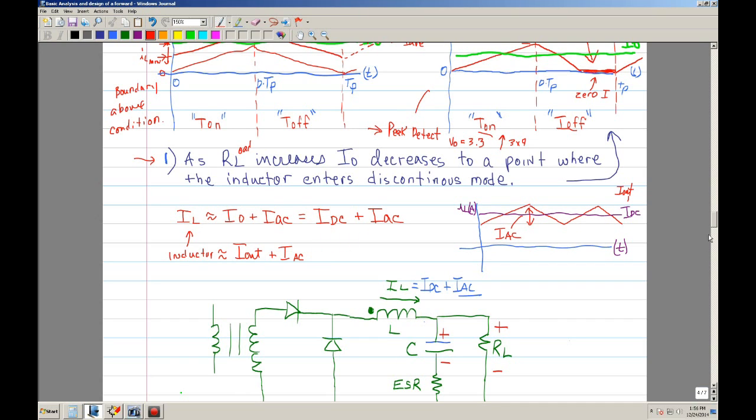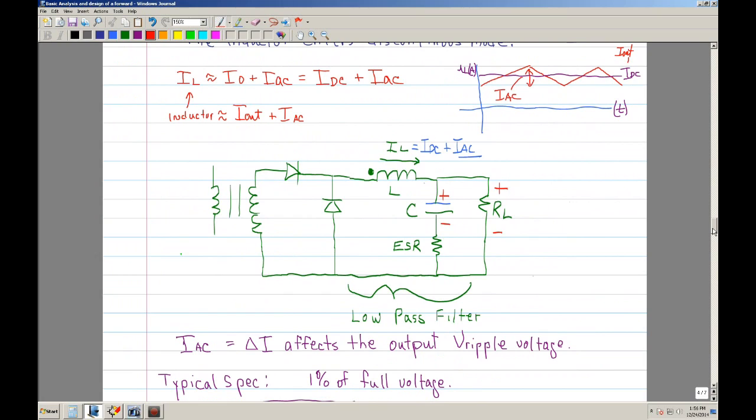Okay, and this is what this schematic is attempting to show, that this current IL is basically a combination of a DC current, and again this is Iout, or you can also call it Iaverage.